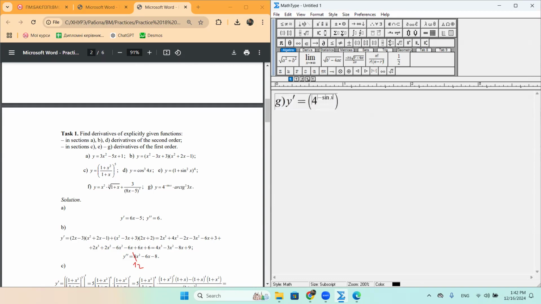So composition of exponential and trigonometric function, and composition of arctangent and power function.